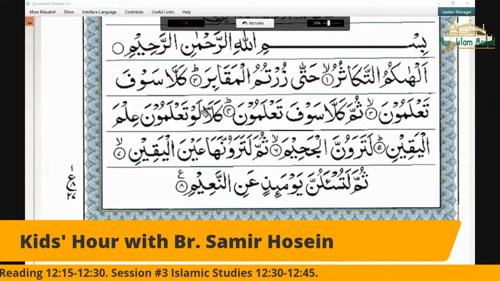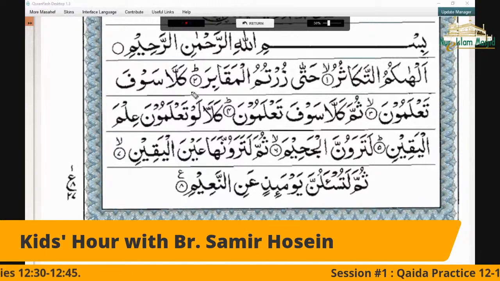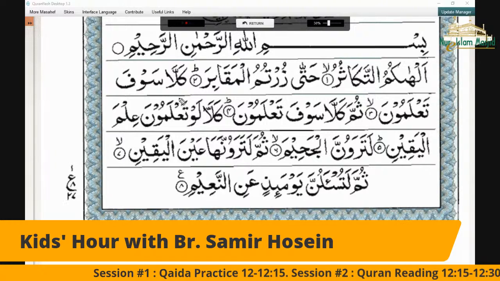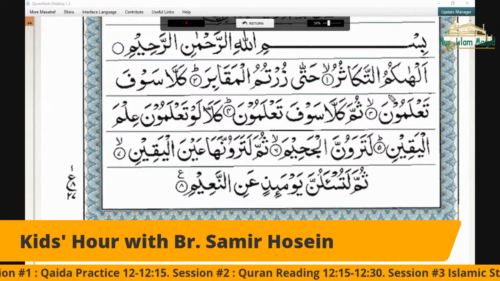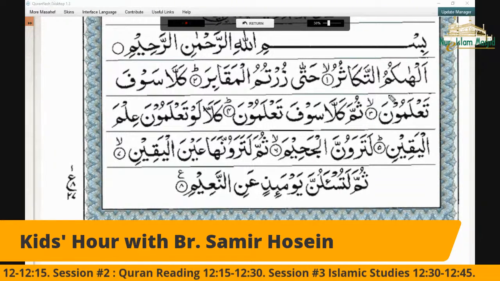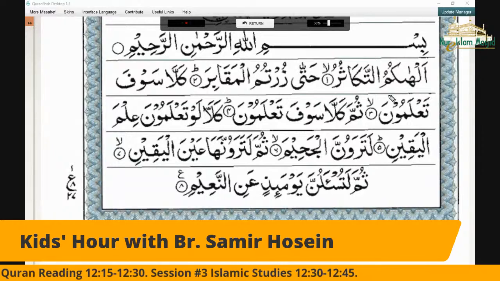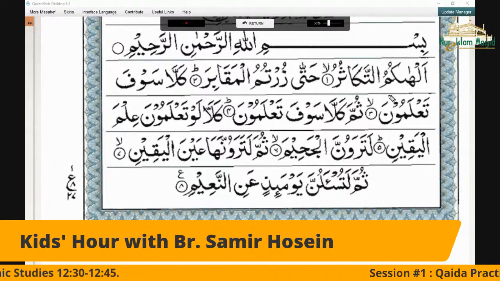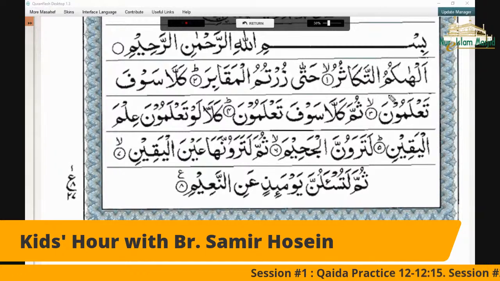All of these small little bubbles, right? They show essentially a full stop in the Arabic language, or in the Quran rather. So, as before, I will recite these verses and you recite after me. We'll break them up into parts and then we will combine them all together, inshallah.